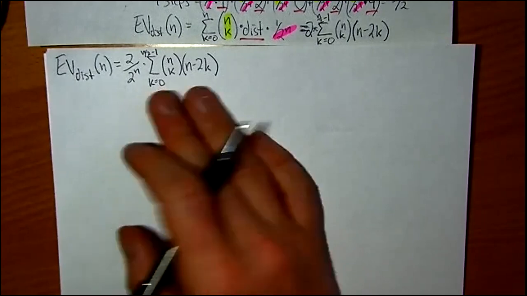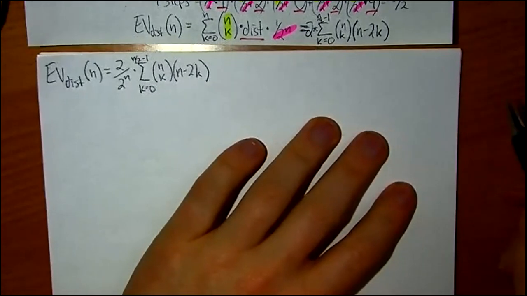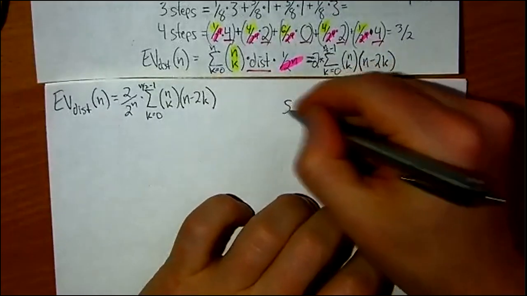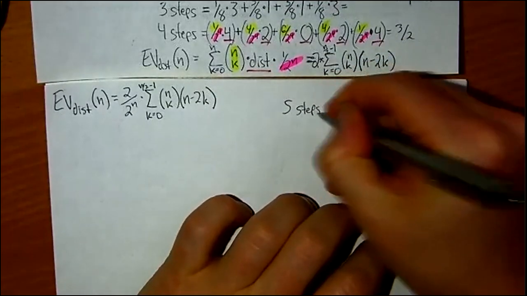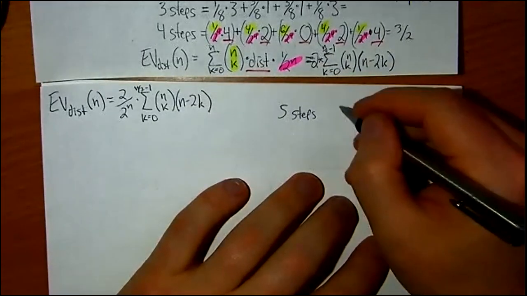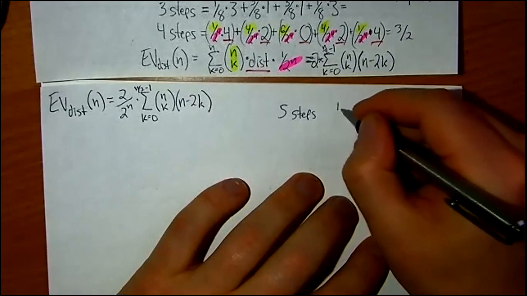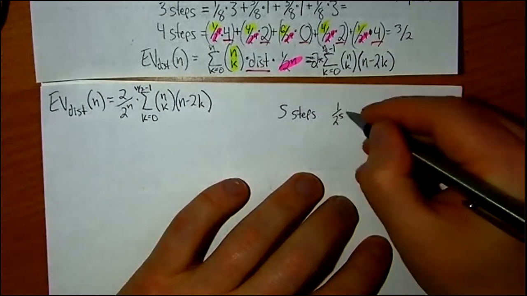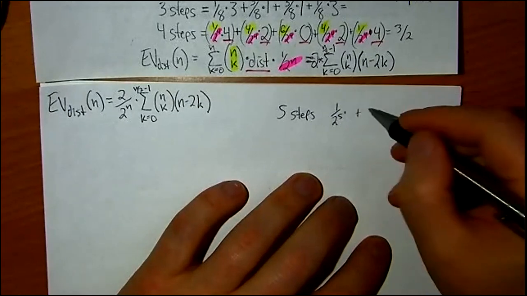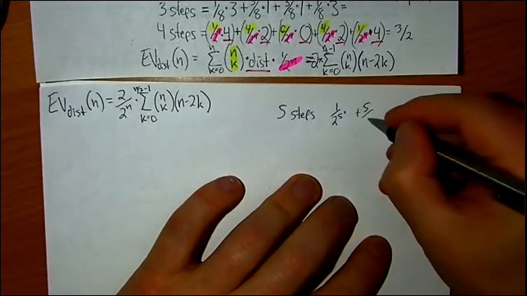So if I was thinking about the odd formula, maybe I should try the next one after this, if I do 5 steps. So for 5 steps, I'm going to have 1 over 2 to the 5th times something, plus 1, 5, 10, 10, 5, 1.